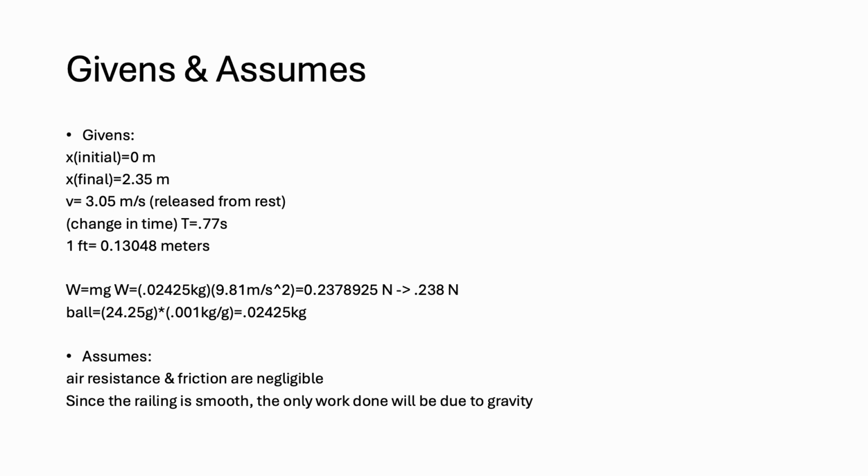The conversion factor of 1 foot is equal to 0.13048 meters. And then we also have the weight of the ball in case we needed it. And we're going to assume air resistance and friction are negligible, because since the railing is smooth, the only work done upon the pickleball will be due to gravity.